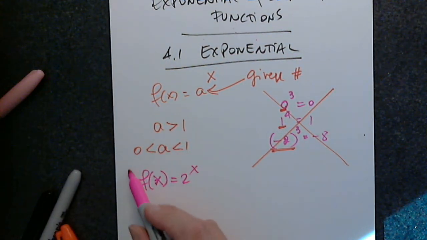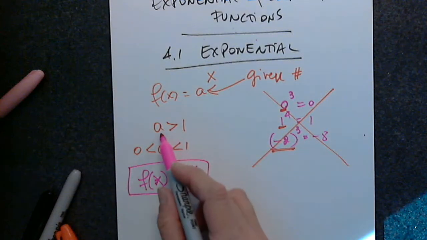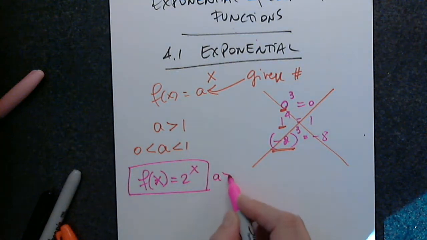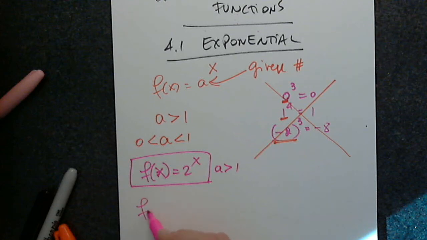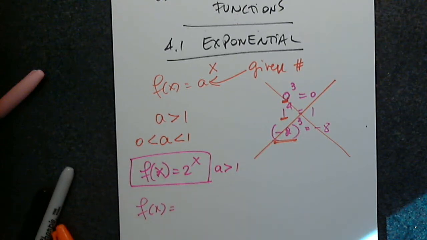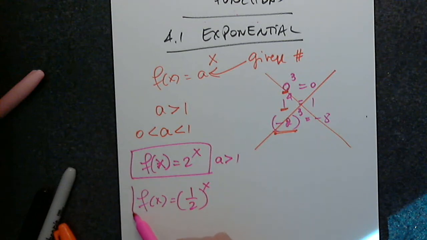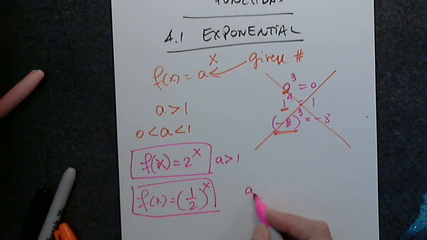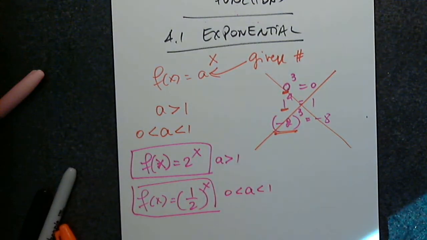So 2 to the x will be one shape because the base in this case is greater than 1. And here's another option. Can you give me a positive number between 0 and 1? The simplest one to work with will be indeed 1/2. You can choose anything else. So this will be a totally different shape because the base is between 0 and 1.